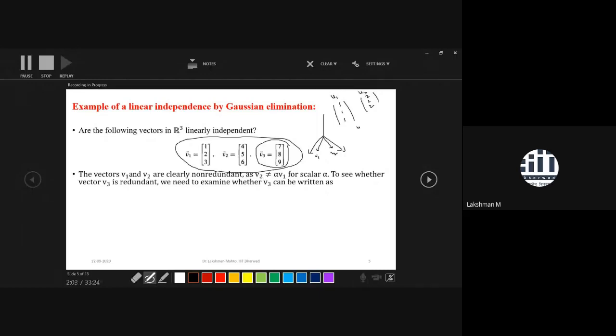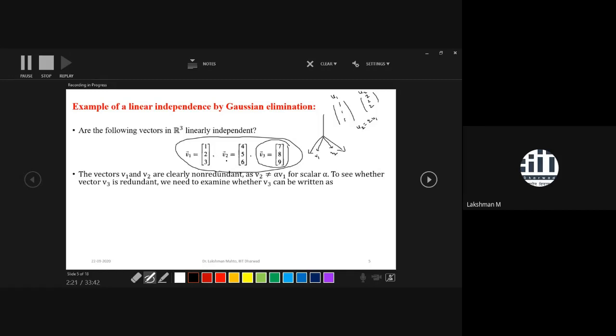Why? Because u1 is just twice of u2. So that's why these two vectors are linearly dependent.